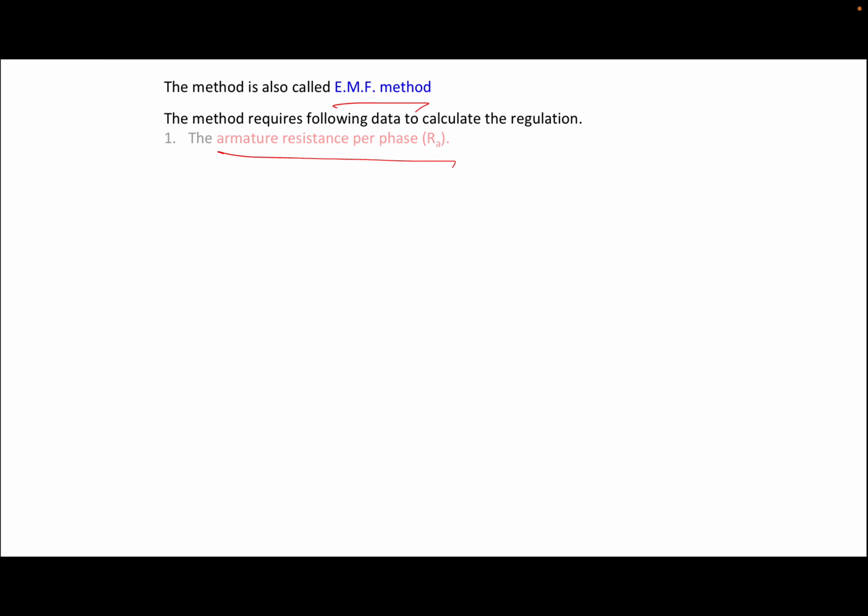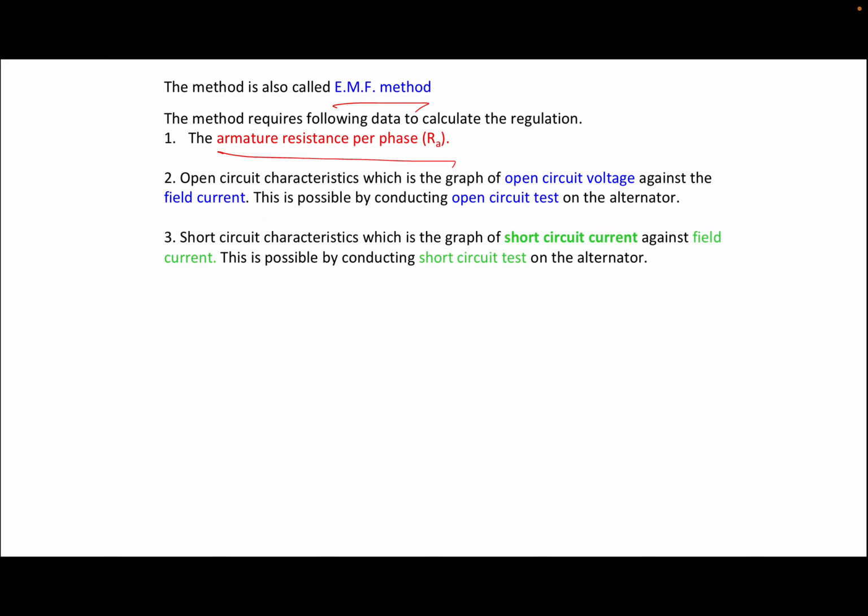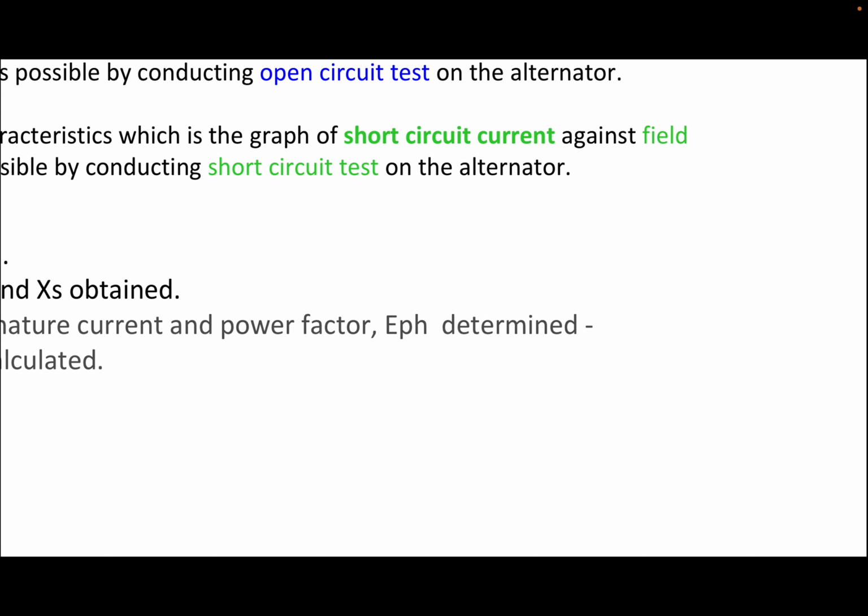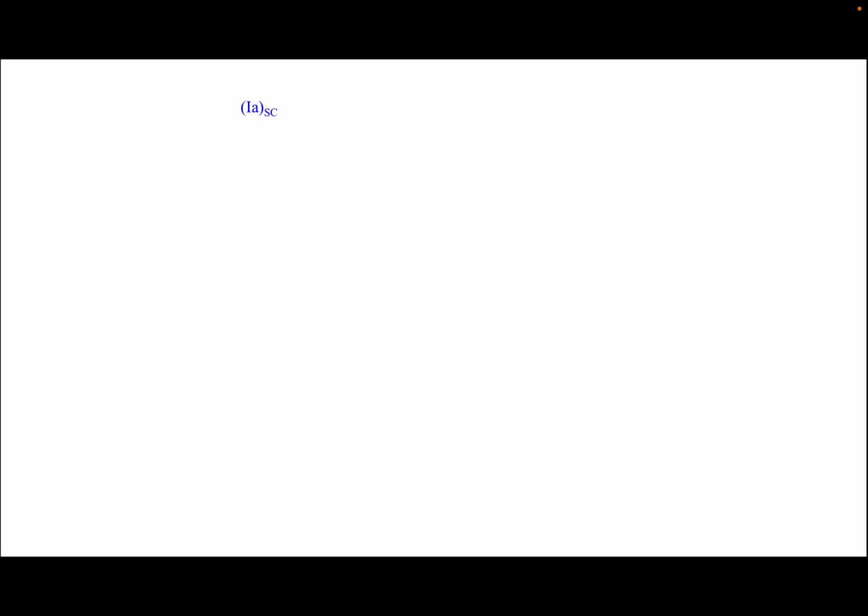Next. How am I going to measure here? So let me try to write here.